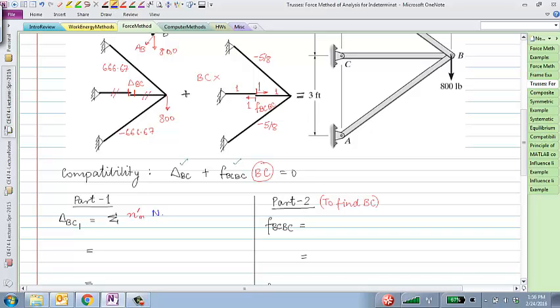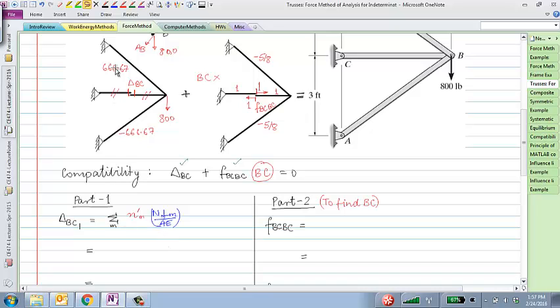Real displacement of each one of those members is NL over AE. And I need to sum that up over all the members. You remember this? Hope this looks familiar.